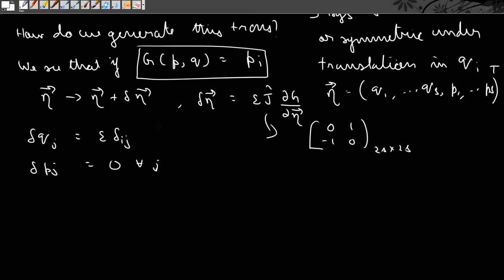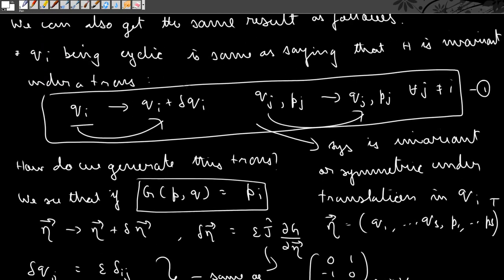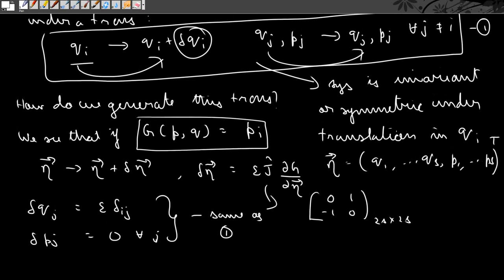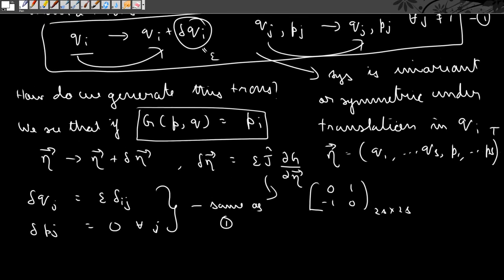Now this is the same as equation 1, because when i is equal to j, we get qi going to qi plus δqi, or in other words δqi is equal to ε times 1, which is equal to ε, and ε is again an infinitesimal quantity.